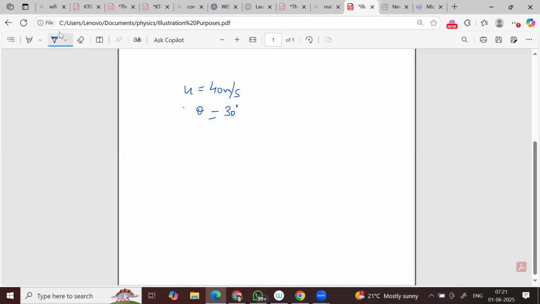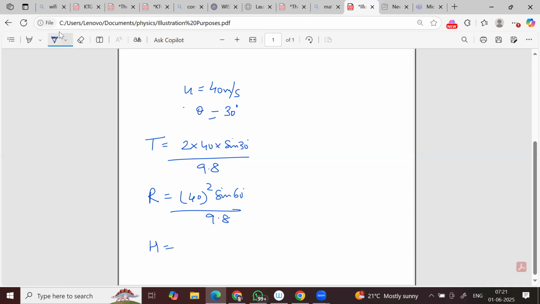So we can plug these into the values. With this, we'll get the time of flight as 2 times 40 times sine theta upon g, and the range as u square sine 2 theta, which will become 60 degrees, upon g, and the height would be u square sine square 30 upon 2g.